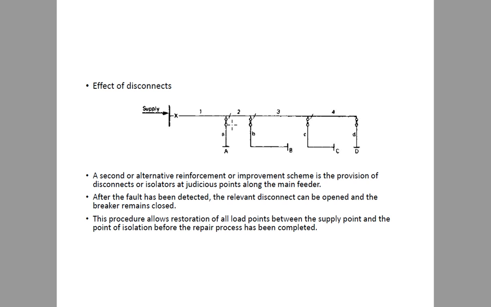It disconnects the entire faulty region from the supply end, so that supply continuity can be maintained to load point A at least. When a fault occurs at line section 3, then again this disconnect will operate and disconnect the entire faulty section, so that supply continuity can be maintained to load point A and load point B. Similarly, we can see for all the other load points.